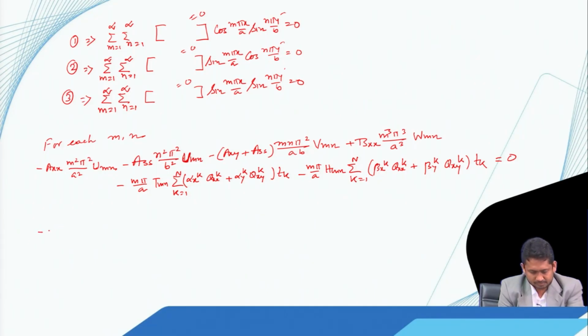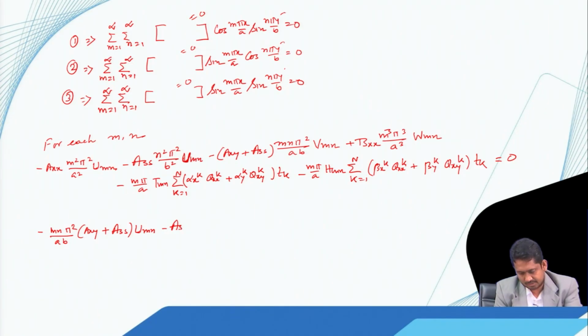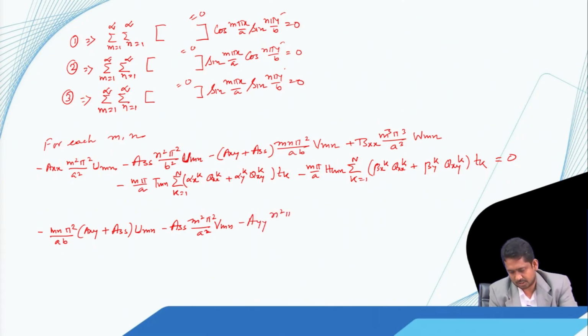minus mn pi square by ab, Ax plus Axy plus Ass into Umn, minus Ass m square pi square by a square Vmn, minus Ayy n square pi square by b square Vmn.